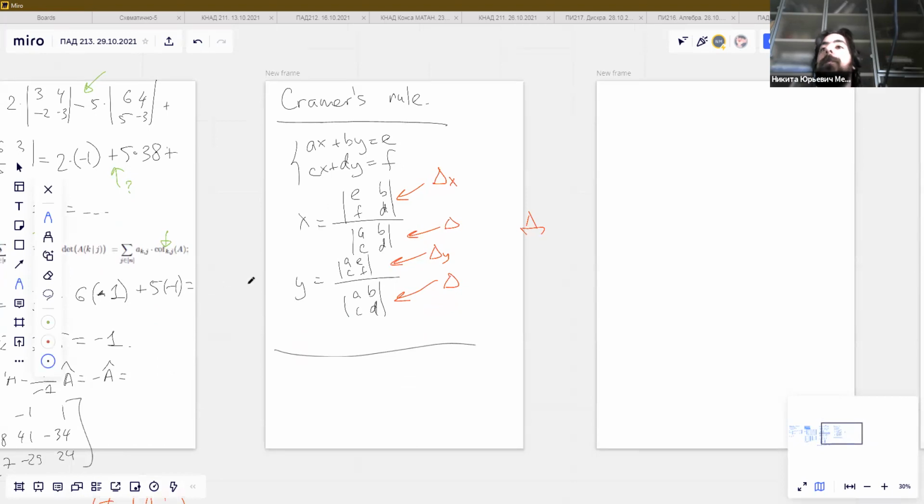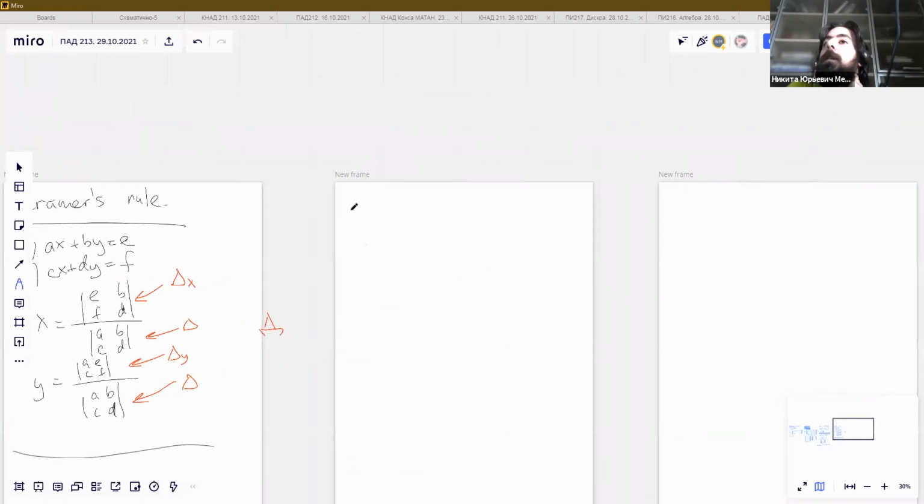So the general rule is as follows. Let me in fact use the next slide. If we have a system with n variables x1, etc., xn, and n equations.